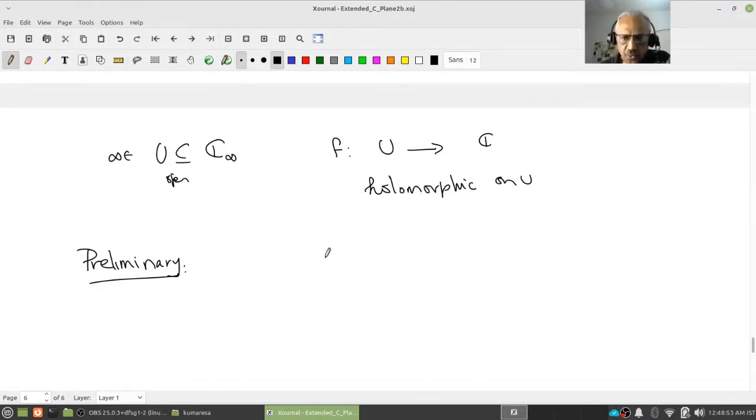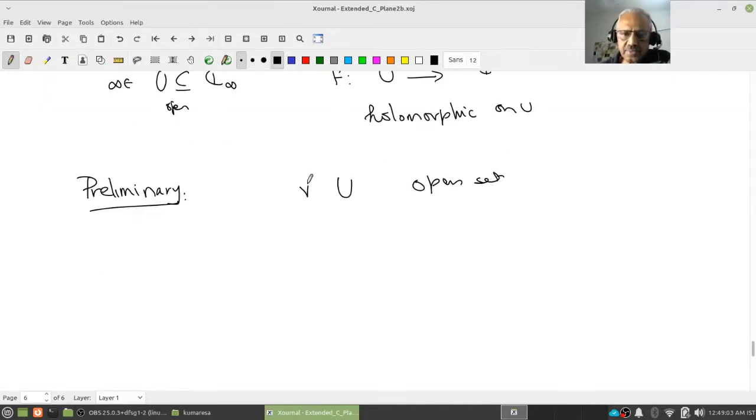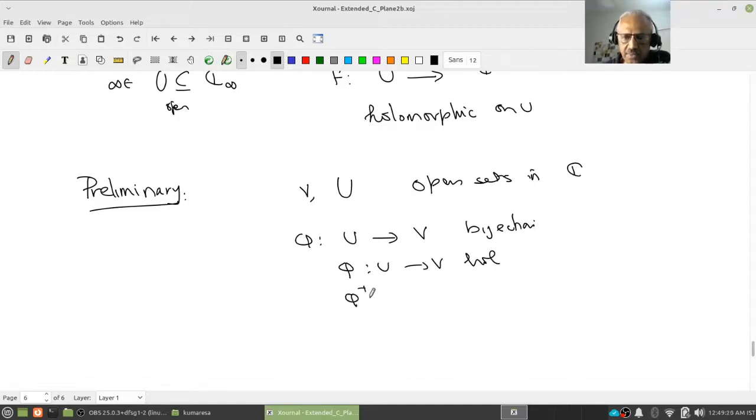Suppose U and V are open sets in C, and suppose phi from U to V is a bijection, and phi from U to V is holomorphic, and phi inverse from V to U is also holomorphic. So in some sense, phi is a holomorphic isomorphism.